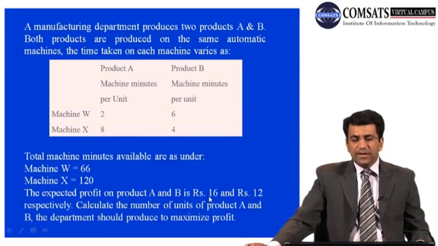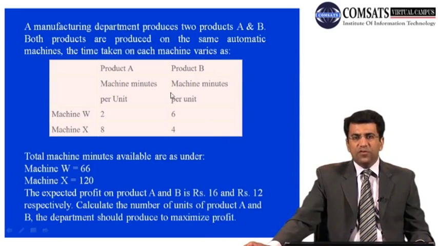And if we are producing y units of product B, and for 1 unit of product B the profit is 12, then for y units of product B the profit will be equal to 12y. So 16x is the total profit for product A if we produce x units, and 12y will be the total profit of product B if we produce y units. So what will be the overall profit?